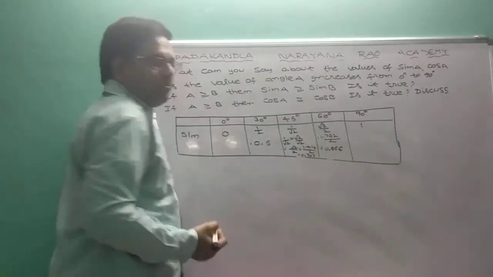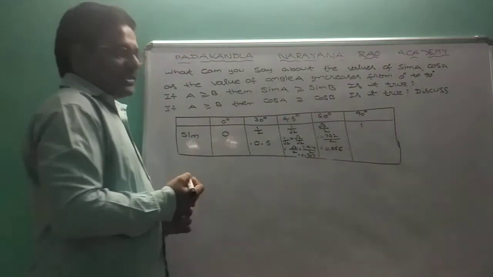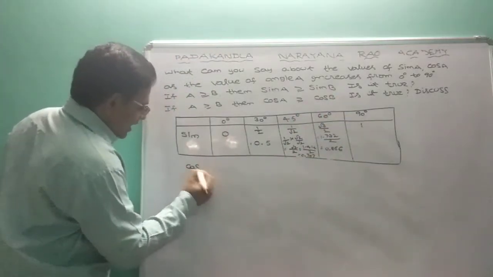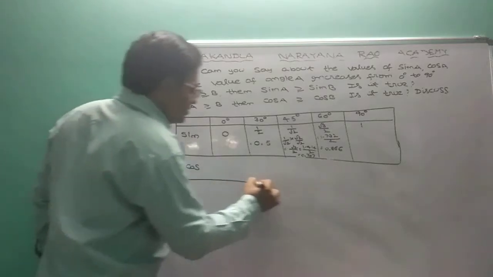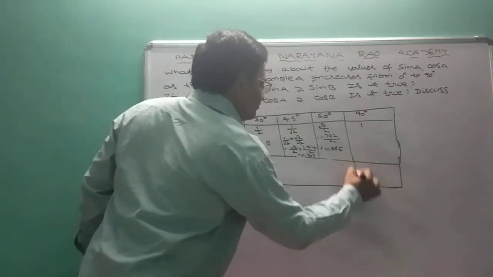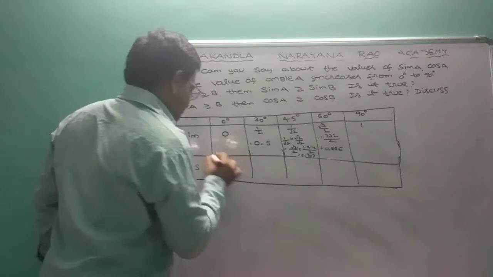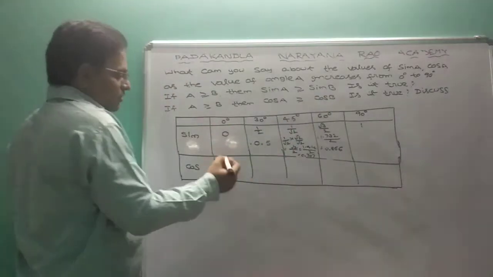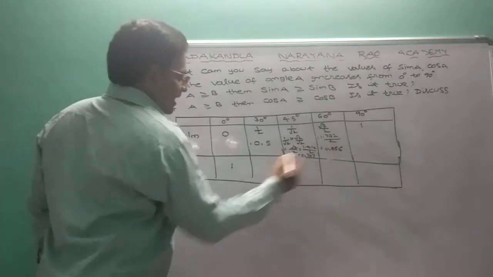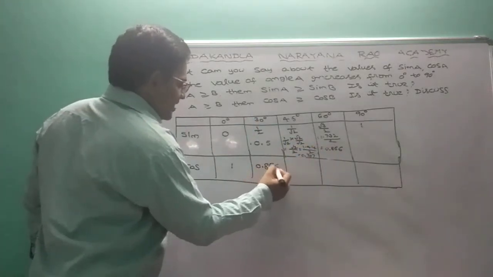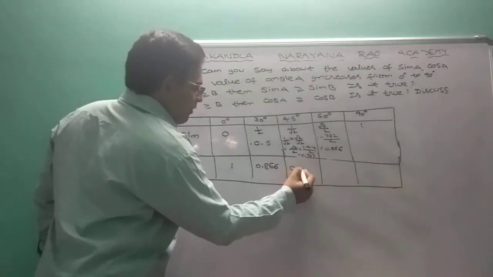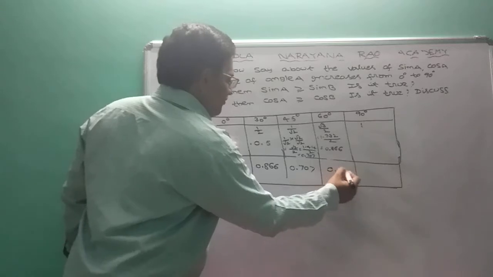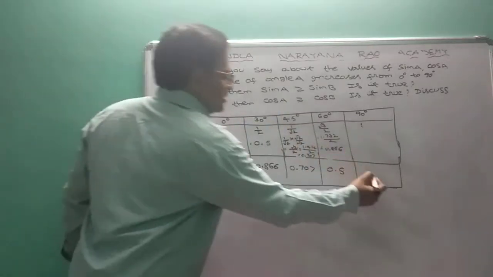So sin 60 is 0.866. Now sin 90 value will be 1. Same manner, for cos values: sin 0 and cos 90 are the same. So here 1. Now cos 30 is 0.866, cos 45 is 0.707, cos 60 is 0.5, cos 90 is 0.